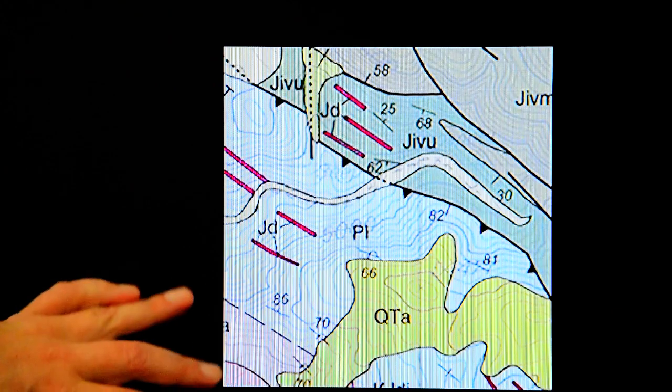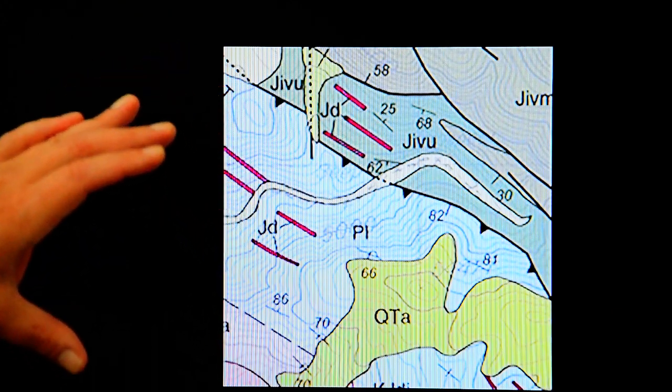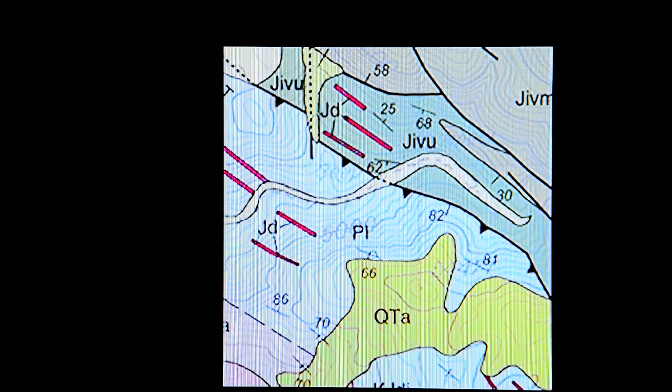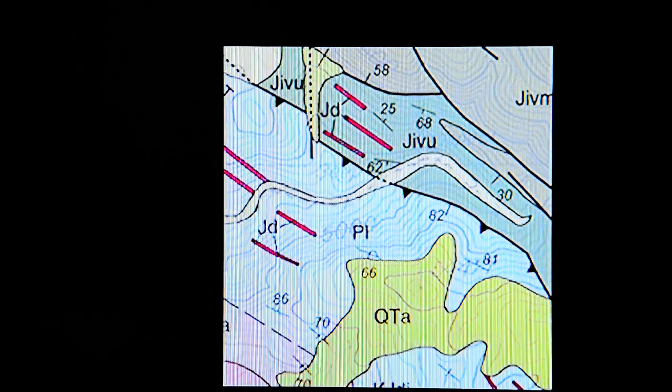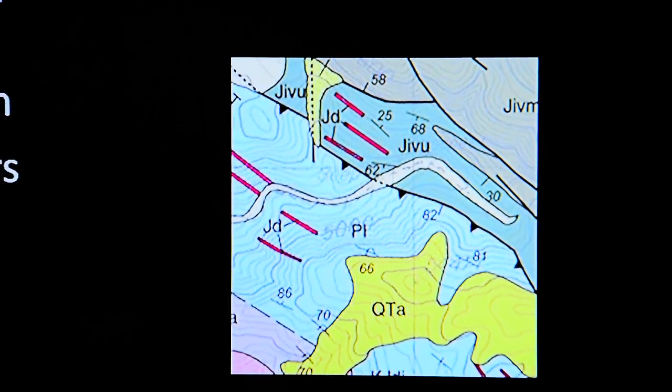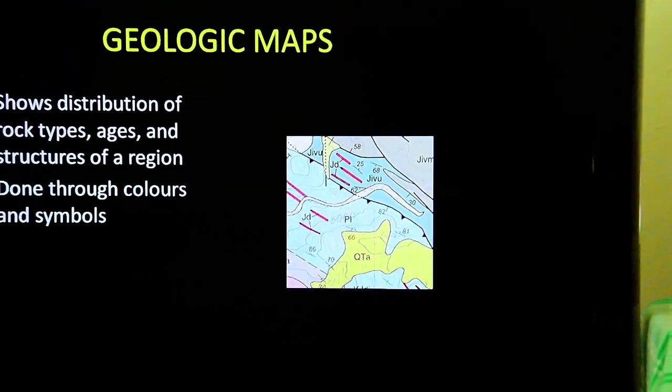And so you'll see on these geologic maps symbols for the rock formations, symbols for structures, and it also will always give you the age of those rocks.